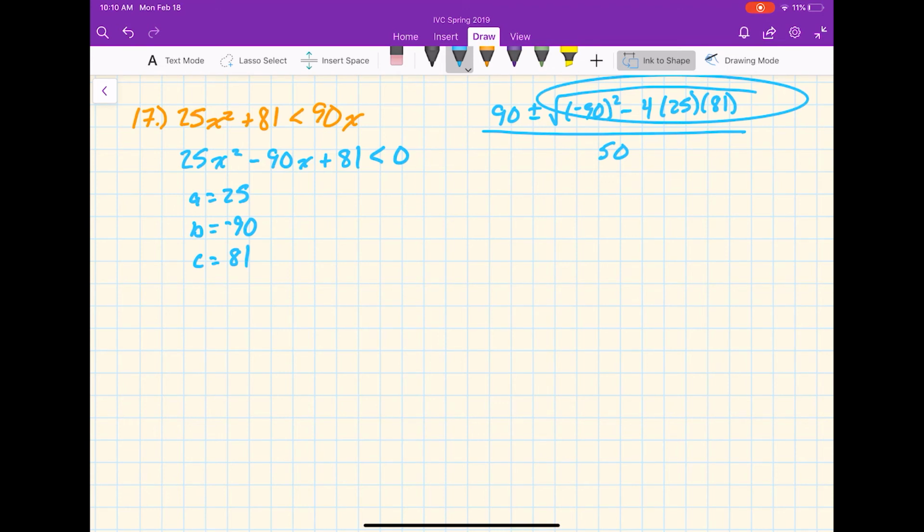Negative 90 times negative 90 is going to be 8100. Let's just do the long multiplication because I don't trust myself today.